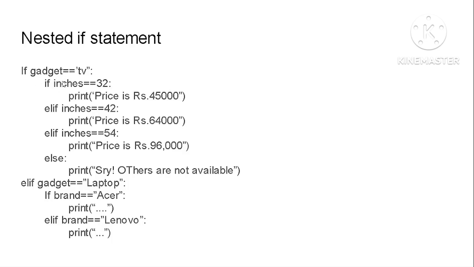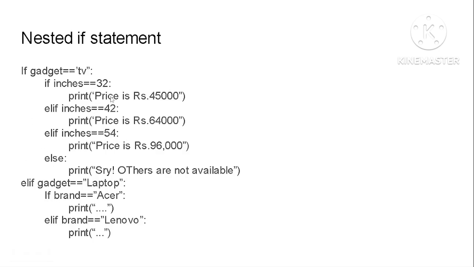If the gadget is TV, then inside that condition, you check another condition: if the inches is 32 or 42 or 54 and so on. Next condition is if the gadget is laptop, you won't go for inches, you will get the brand from the user. So inside one if, based on that condition, we need to check further conditions. In this case, you will go in for nested if. So I hope you understand in which cases you will use nested if statements.